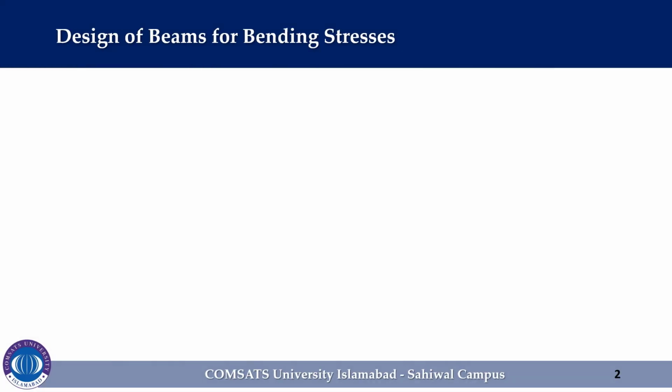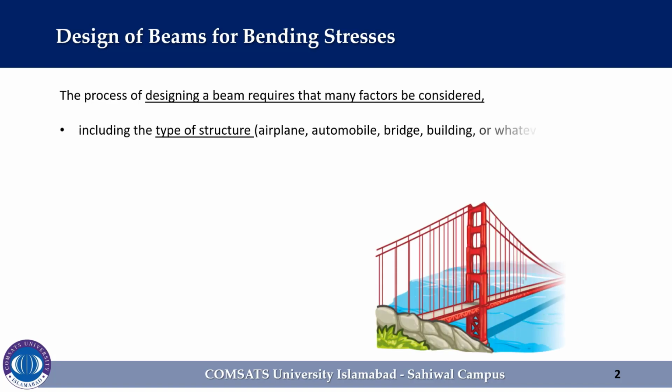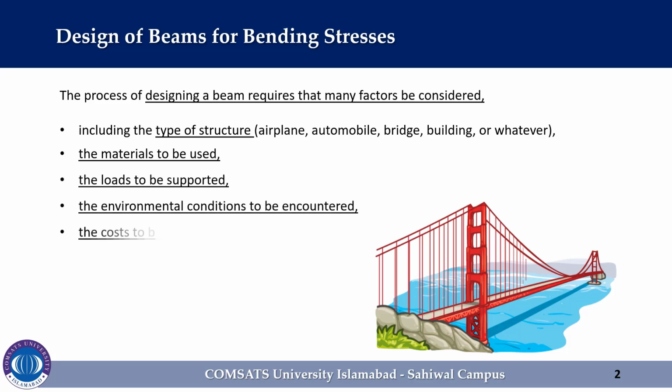So let's start. Design of beams for bending stresses. The process of designing a beam requires that many factors be considered, including the type of structure such as airplane, automobile, bridge, building, or whatever, the materials to be used, the loads to be supported, the environmental conditions to be encountered, and finally the cost to be paid.